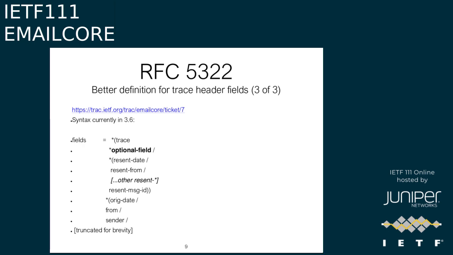There is no reason to restrict this, and I don't think anybody will enforce checking that if trace exists, then resent block exists, then they have to follow each other. I don't think implementations will check that. So unless there are any objections, I think the current ABNF is fine in this respect. So let's move on.